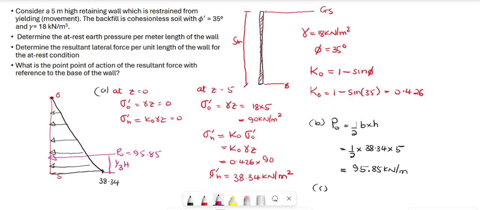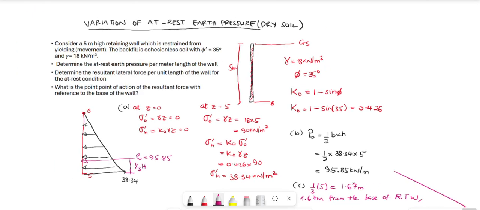That's the centroid of the triangle. So 1/3 of its height, which is 5, is going to be 1.67 meters. So the resultant force will act 1.67 meters from the base of the retaining wall, and we are done with it.